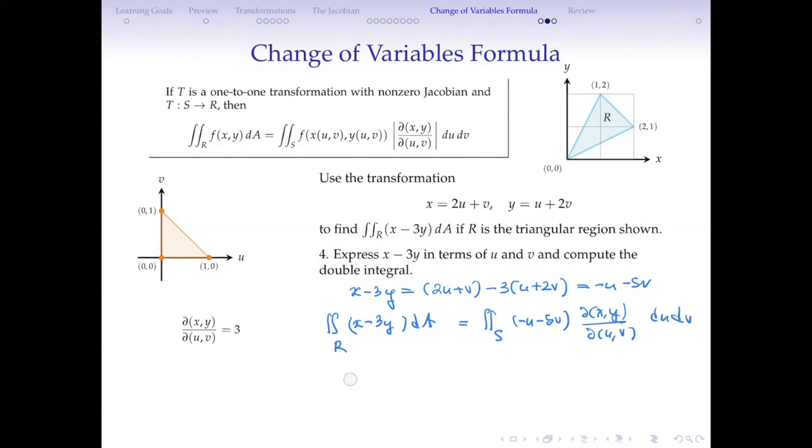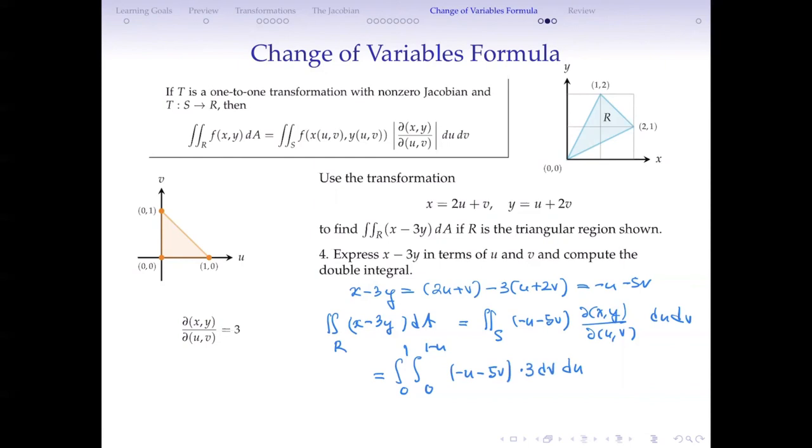So I now want to write the integral over S as a double integral. There are at least 2 correct ways to do that, but let's just write it as the integral from 0 to 1 over u. Then for each u, v goes from 0 to 1 minus u. The integrand is minus 3u minus 5v. Then the Jacobian is 3, dv du.